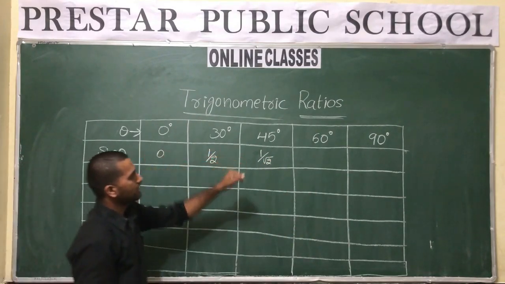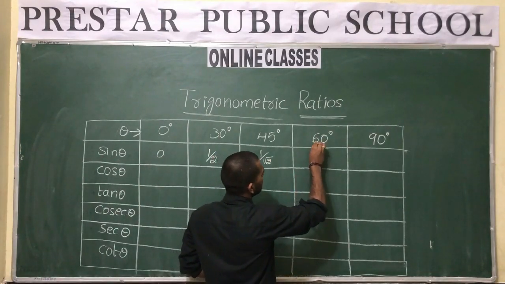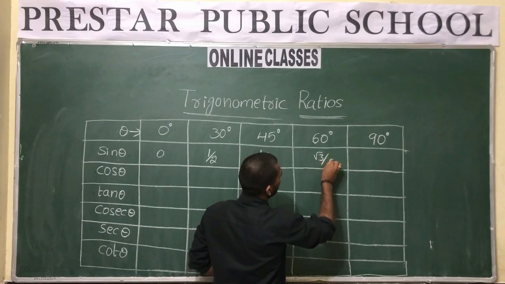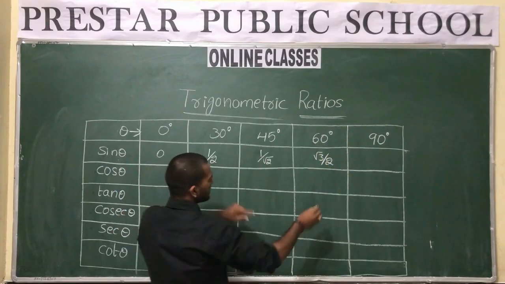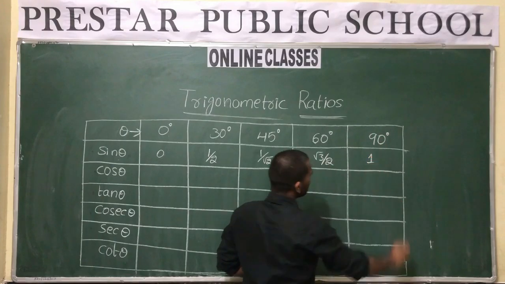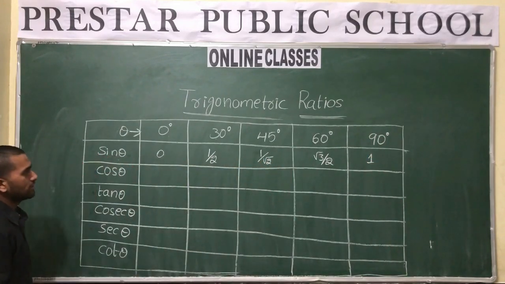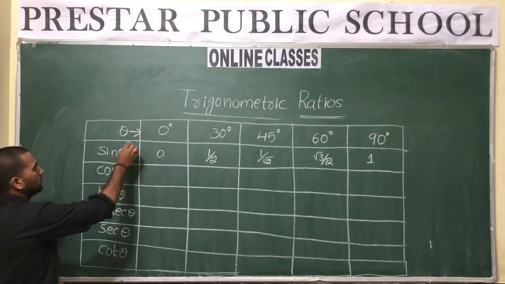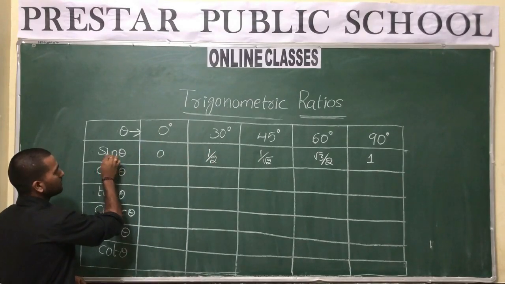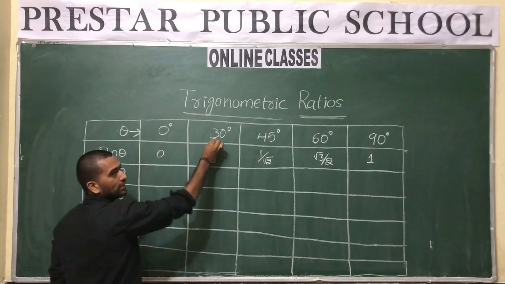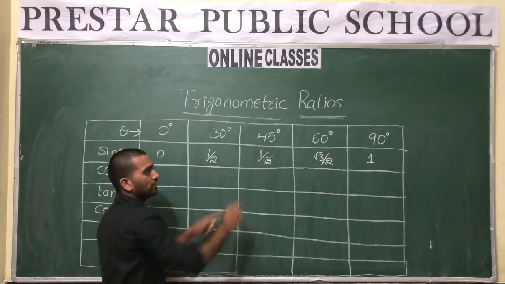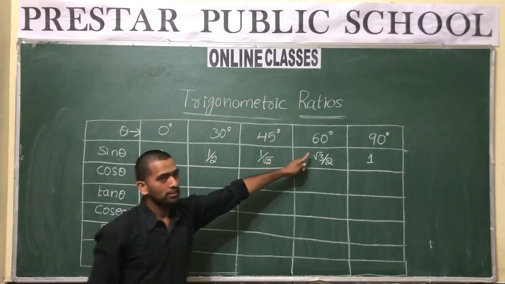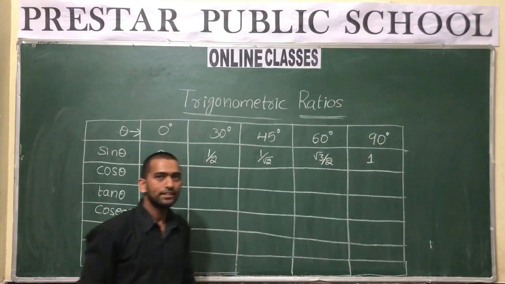Next, sin 60 is root 3 upon 2. And last, sin 90 is 1. So the sin values with respect to the different angles are: sin 0 is 0, sin 30 is 1 upon 2, sin 45 is 1 upon root 2, sin 60 is root 3 upon 2 and sin 90 is 1.